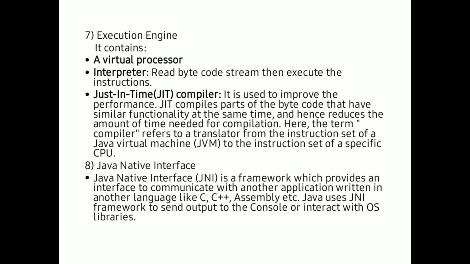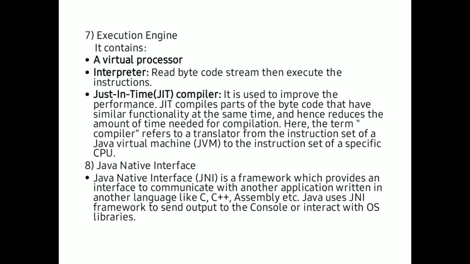Next one is JIT, the just-in-time compiler. What does it do? It is used to improve performance. The JIT compiles parts of the bytecode that have similar functionality at the same time.